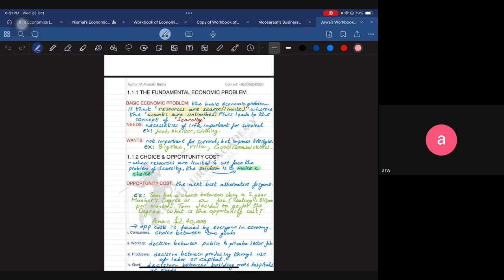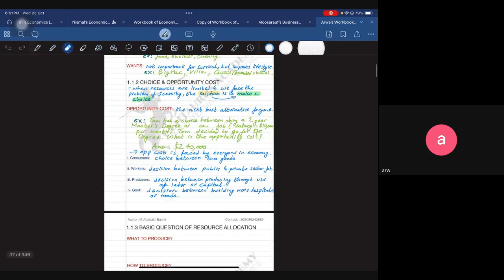We did an example where Tom has a choice between a 2-year master's degree and a job, and decided to go for the degree. The money he would have earned from the job is his opportunity cost, and we calculated the exact amount in terms of economic value.